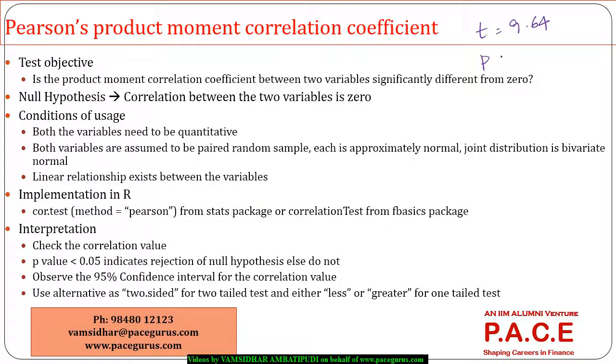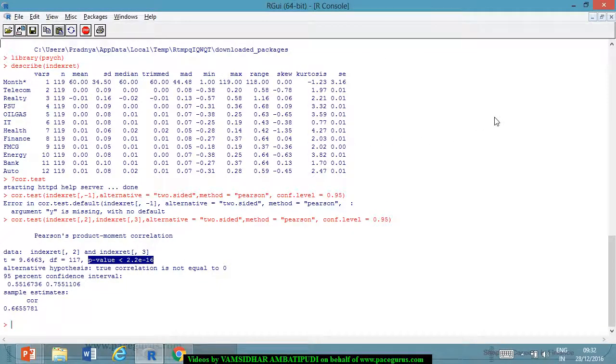The P value is saying it is less than 2.2 into 10 to the power of minus 16. This is a very small value, so we can very well assume that P is very close to 0. It is almost equal to 0.